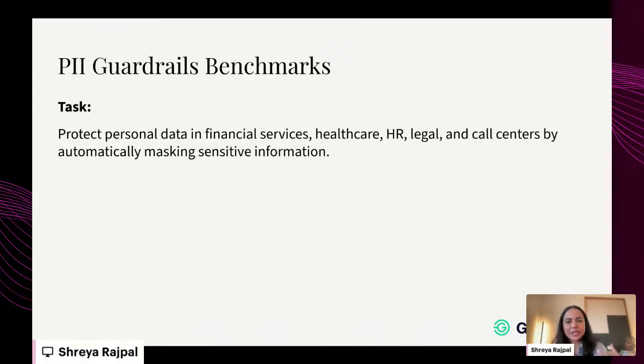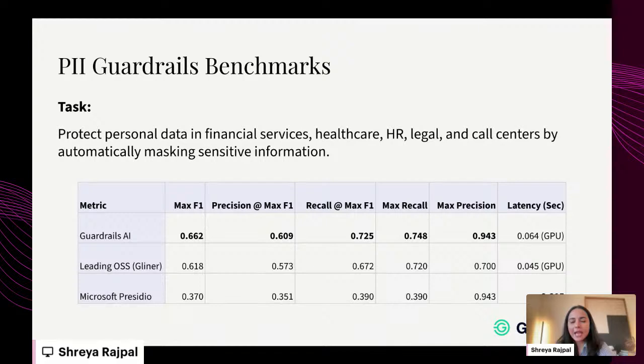Especially if you're using AI for any of these regulated industries, you'll typically find that this ends up being a huge blocker in successfully adopting and getting the type of reliability that you need from generative AI applications. And so we curated a dataset, and I'm going to talk in a second about the dataset that we curated. And we then benchmarked 3 providers here to talk about how effective guardrails are.